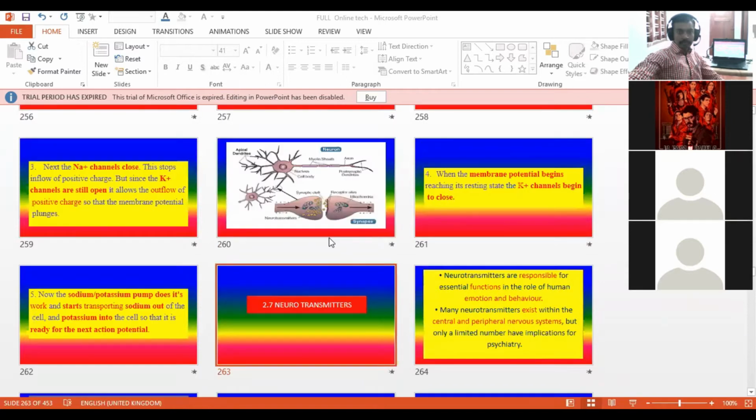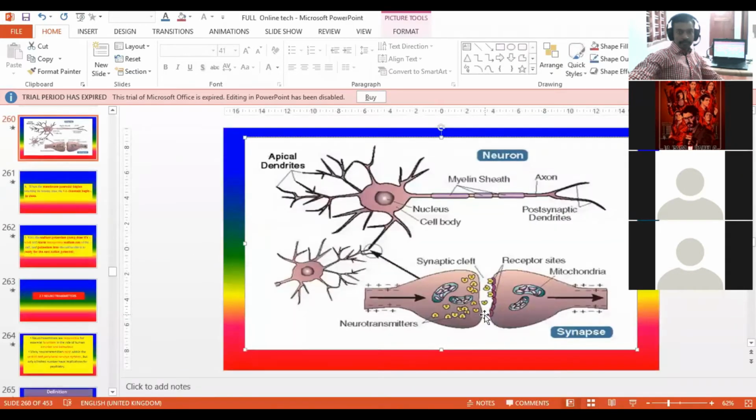As we learned in the previous class, at the end of each neuron, look at this, the synapse, the information is transferred from one neuron to another neuron by using neurotransmitters, chemical messengers.